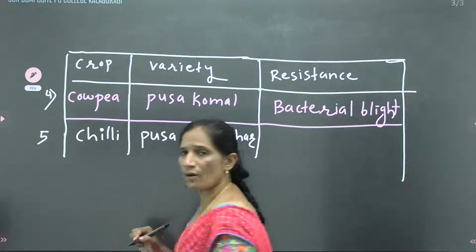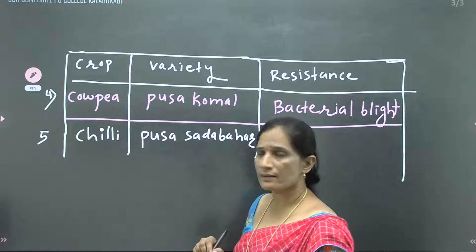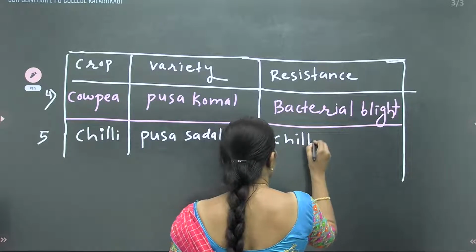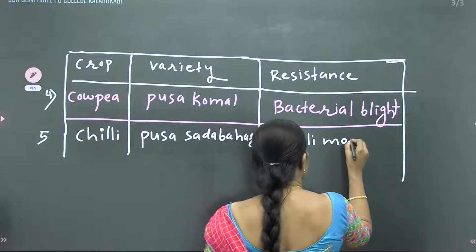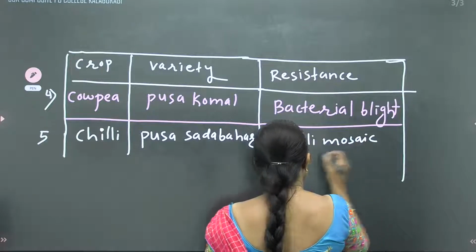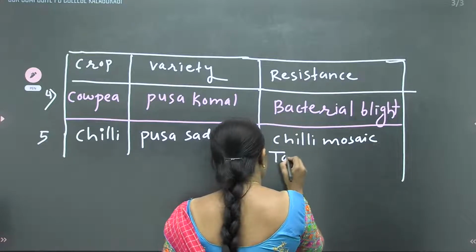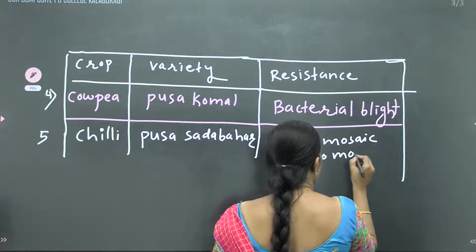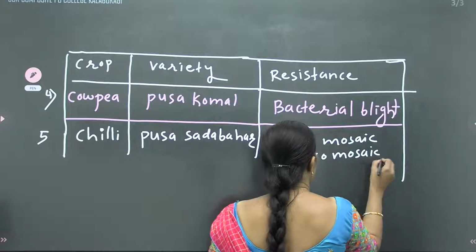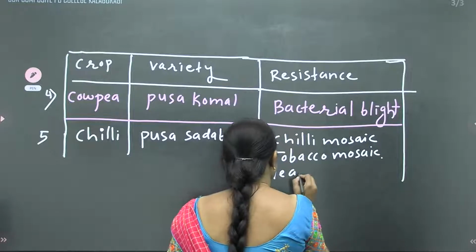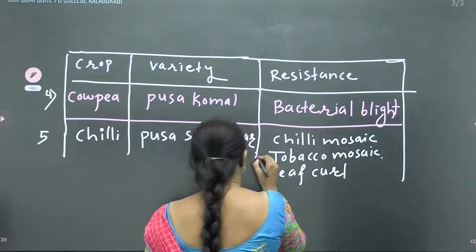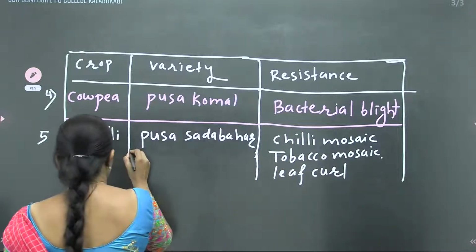It is a variety of chili, and it is resistant to chili mosaic, tobacco mosaic, as well as leaf curl.